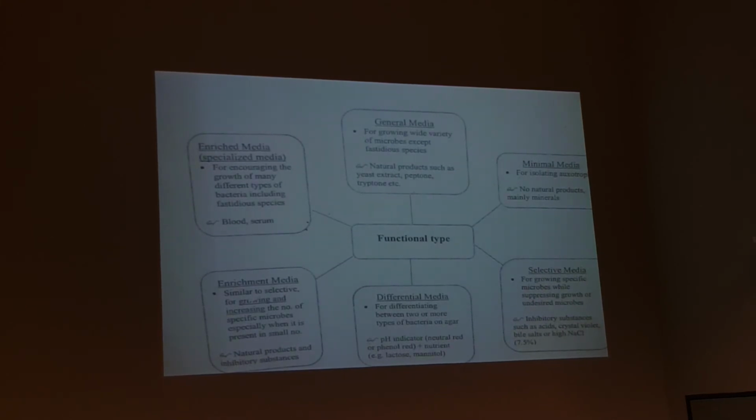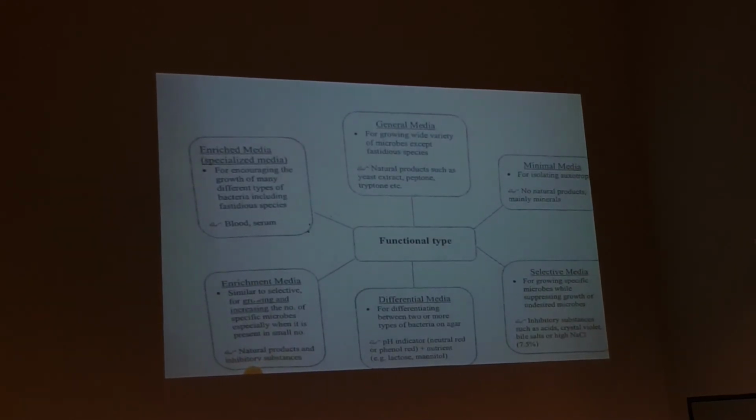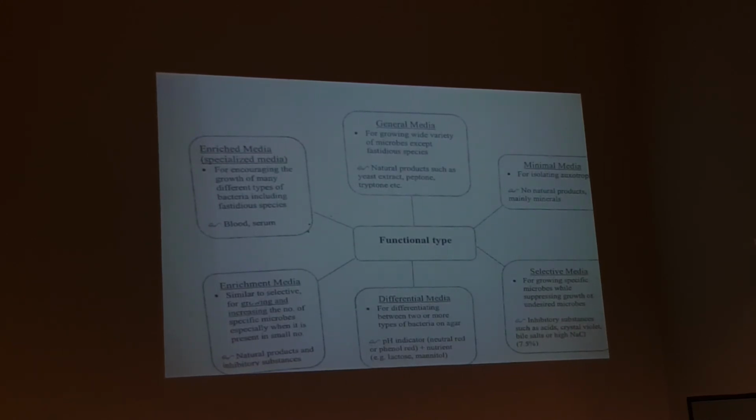For those types of organisms we want to inhibit other organisms and enrich so that it can grow up, then we can detect it. This type of enrichment media will contain natural products and inhibitory substances that inhibit other organisms but promote the growth of that particular organism.